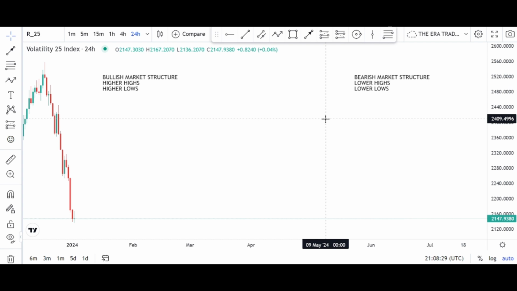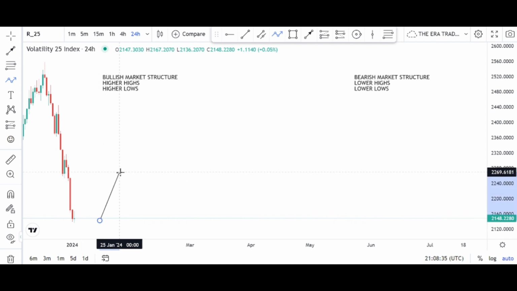So when we say higher highs, higher lows, what do we mean? What we're basically saying is, when the market is moving up, we see the market moves this way, comes down, creating a high there, comes down, forms a low. Then this high is taken out, there's a break of this high.